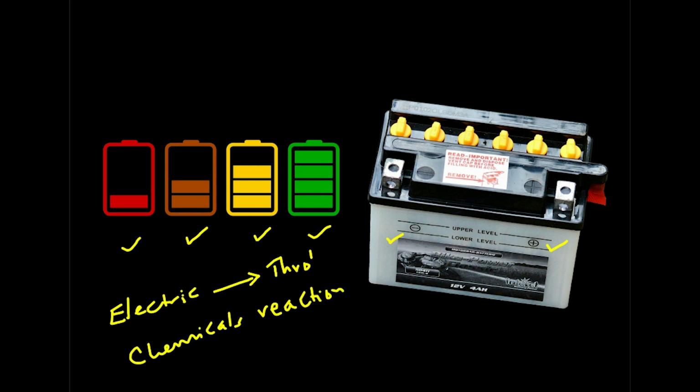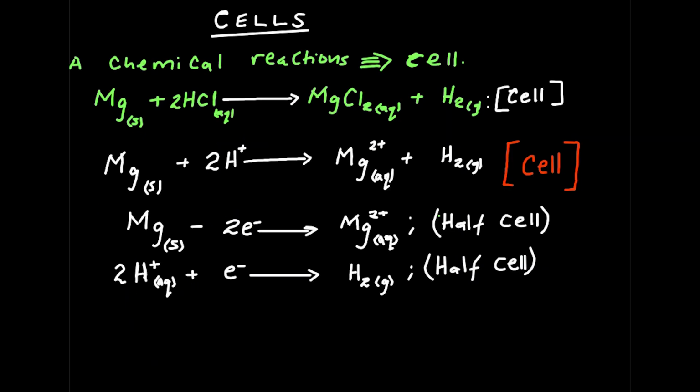In this case, there is hence the transfer of electrons. Electrons move from one point to the other. Considering a reaction between magnesium and hydrochloric acid, when such a reaction takes place, we refer to it as a chemical reaction, and it is given a simple denotation of a cell.